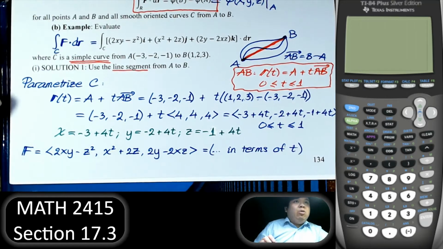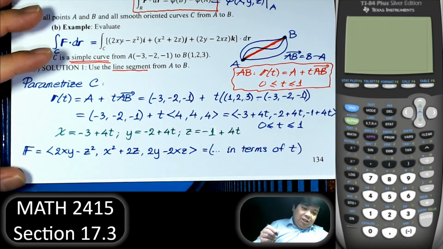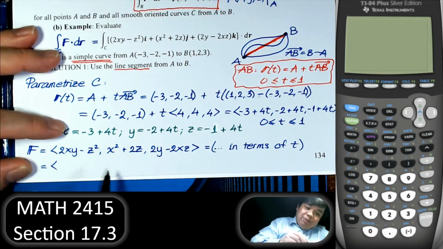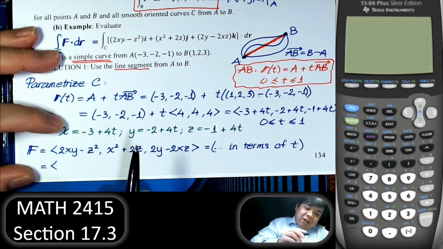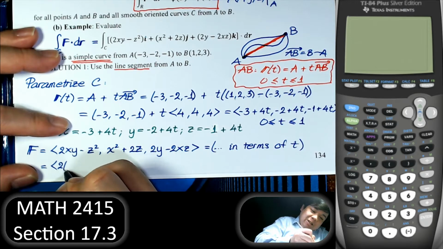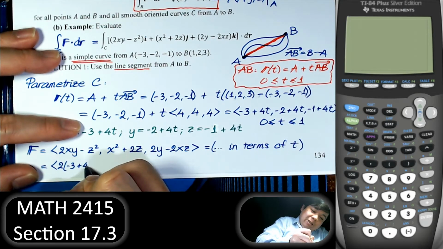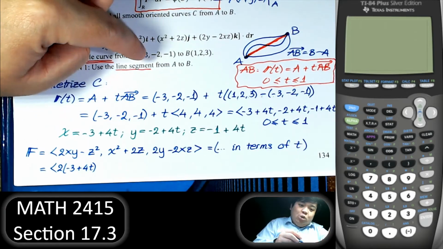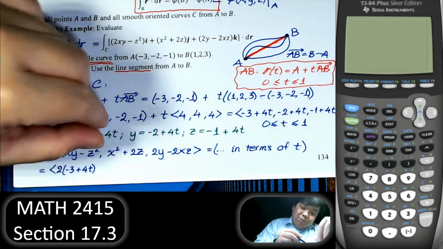Right, so we're going to write that in terms of t. So, 2xy, to choose 0, 0, 0. That saves a lot of time.